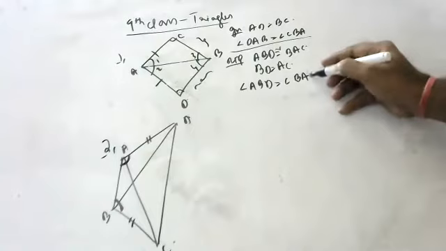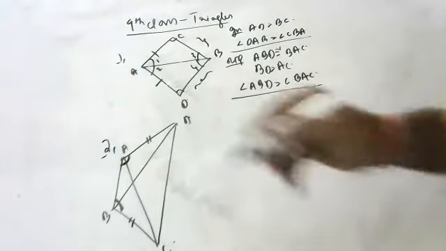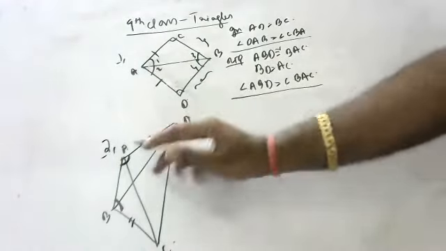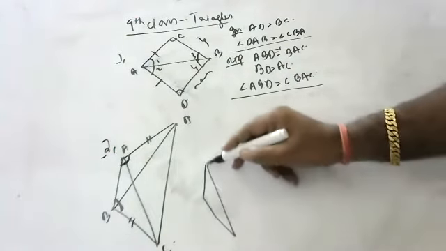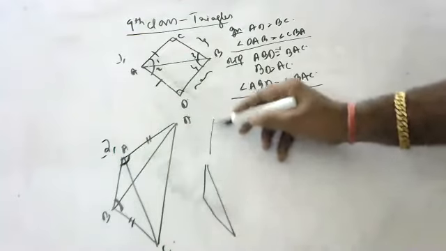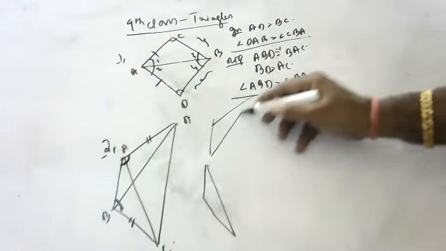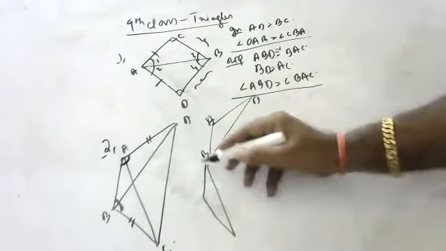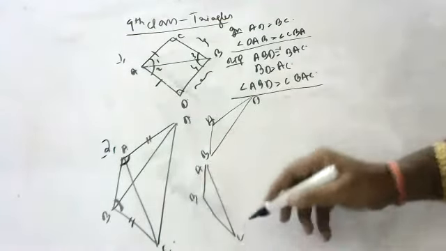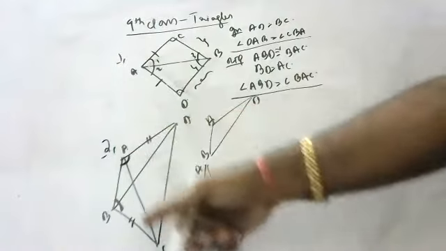So children, for your convenience, I am dividing these two triangles. Down one I will remove like this, and upper one I will remove like this, so that you will not have any confusion. Please see here, children. So this is ABD, and the other one is ABC. Two triangles. This triangle I wrote here, this triangle I wrote here.